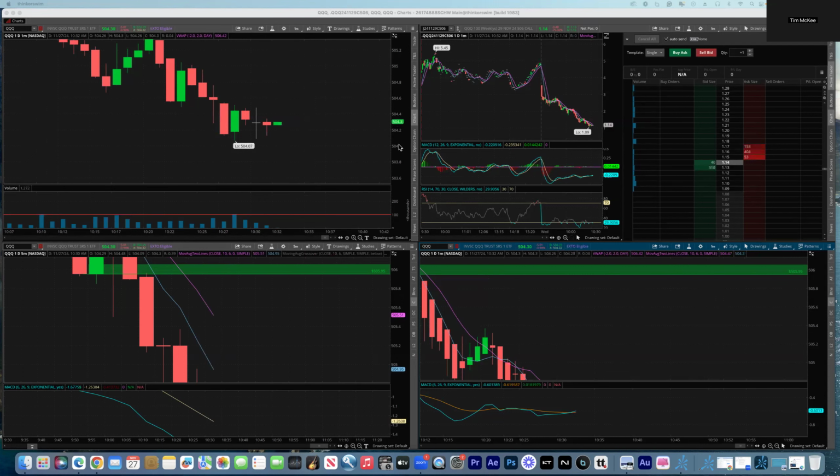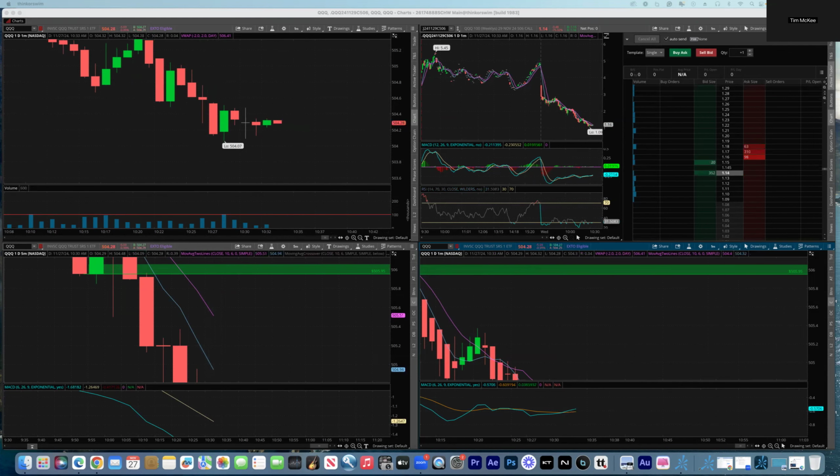I'm going through a period of some sideways consolidation. This could be the start of a larger reversal.